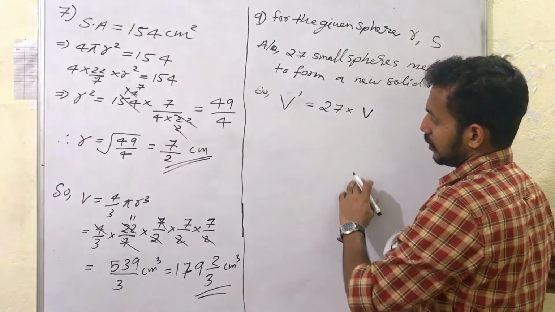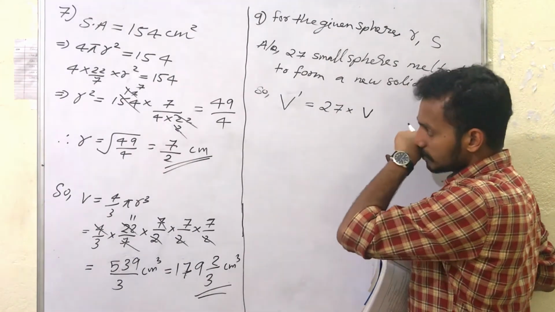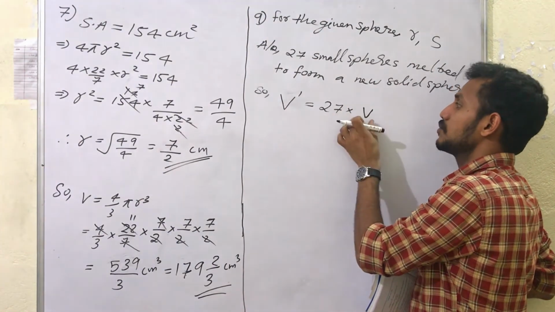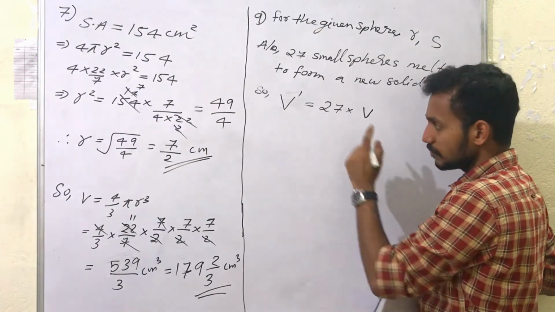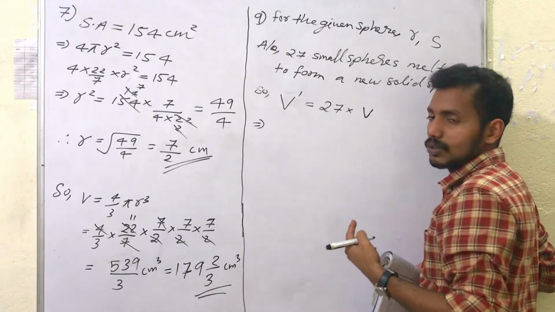Why did we write this? Because this is the volume of the new solid, which is equal to 27 times the volume of one small solid sphere.